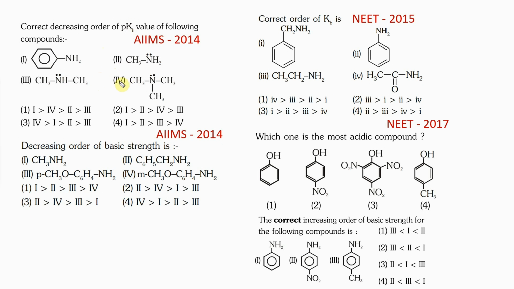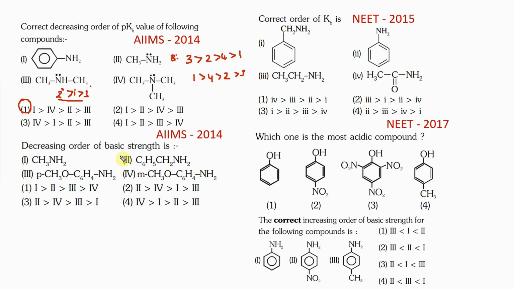So 2, 3 and 4 are alkyl amines. So 2 degree, 1 degree, 3 degree, remember? Options la what basicity will come? I will have my 3 as a stronger base compared to 2, compared to 4, compared to 1. In pKb, it is 1, 4, 2, 3.